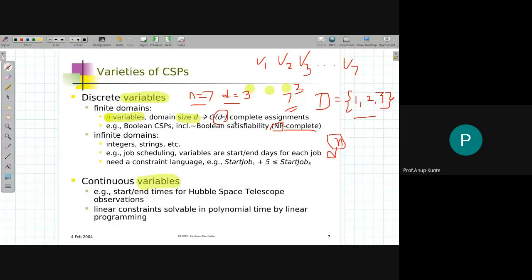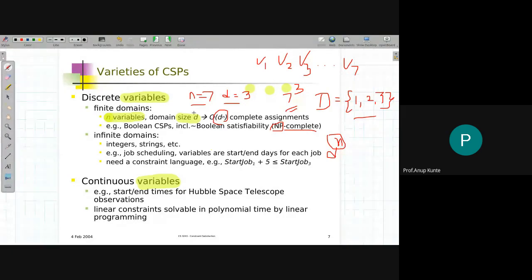So ultimately what am I doing? Out of all these complete assignments, in the worst case I can check them one by one, and then I would obtain one of the valid, consistent assignments. That would be the goal test satisfaction criteria. So that is why, in the worst case, a Boolean CSP would be an NP-complete problem.